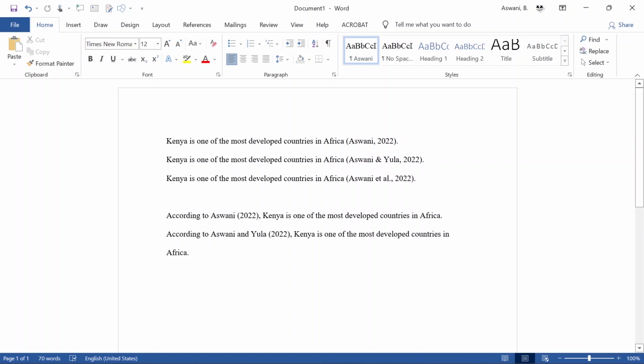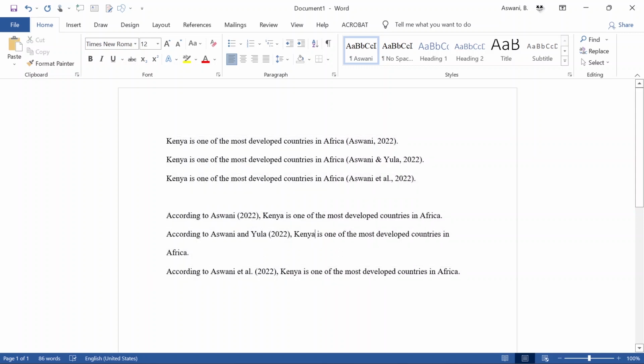The comma comes after the closing bracket of the year. So according to Aswani and Eula, Kenya is one of the most developed countries in Africa. If there were more than two authors, we'll have according to Aswani et al. So this is the default way of inserting our citations.